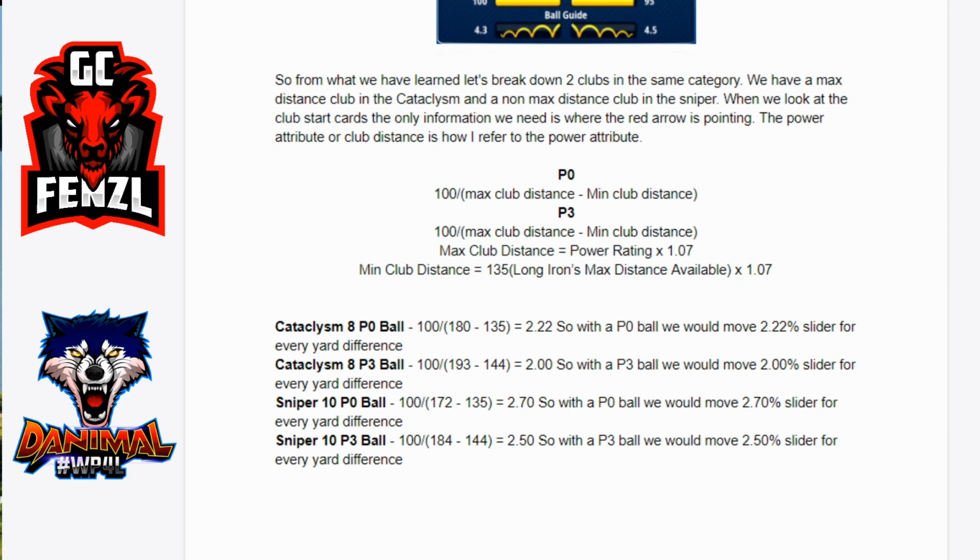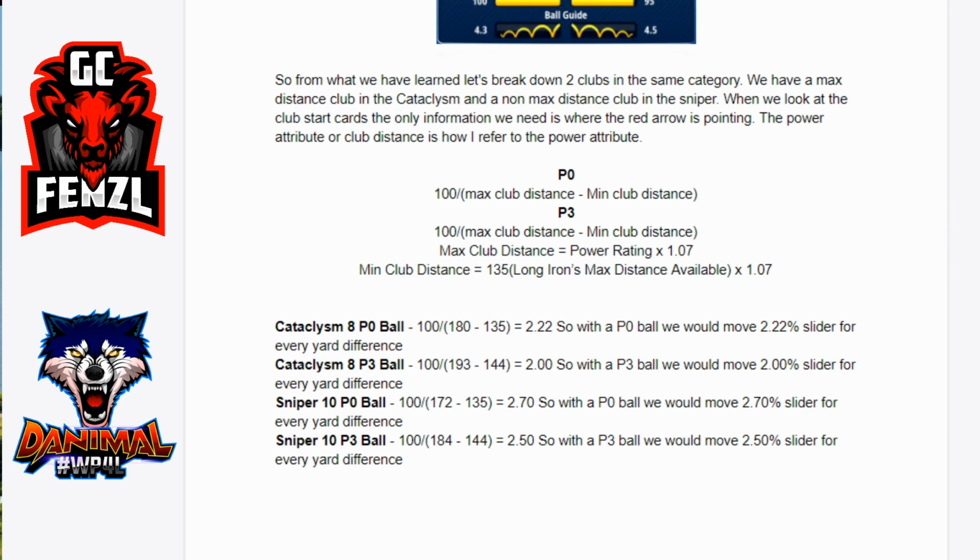So we have 180 in there, which is the max distance of a cataclysm. And then we have 135 in there, which is the min distance of a cataclysm. So we do 180 minus 135, which is 45 yards. So 100 divided by 45 is about 2.22 or so.